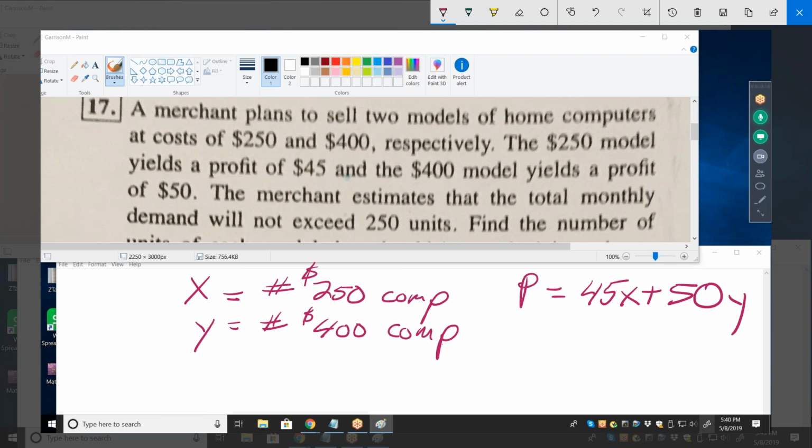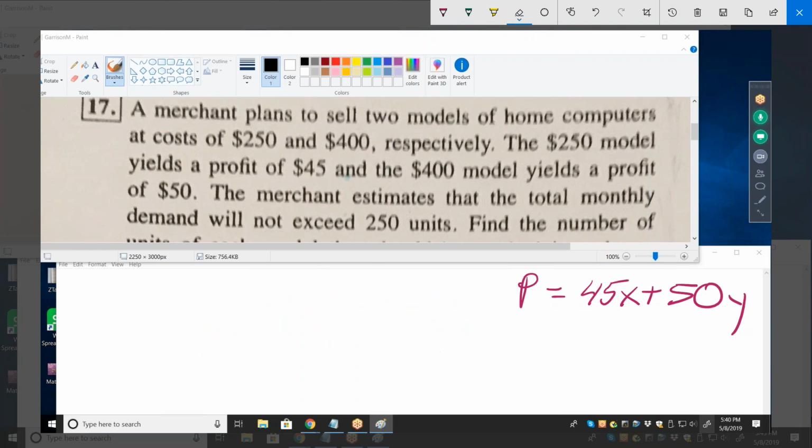Now, obviously, X being infinity and Y being infinity would maximize the profit, right? But we can't let that be infinity because there are some constraints. The merchant estimates that the total monthly demand will not exceed 250 units.